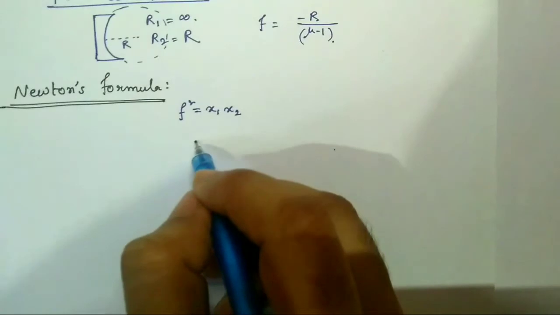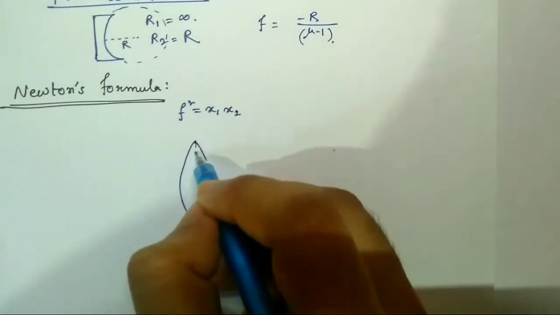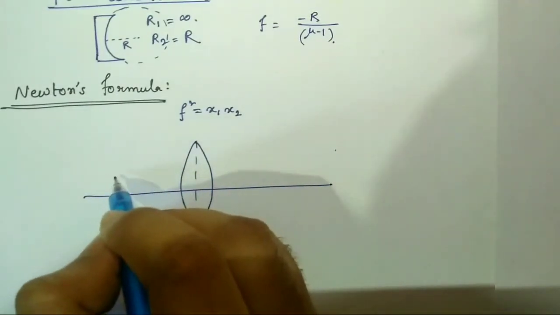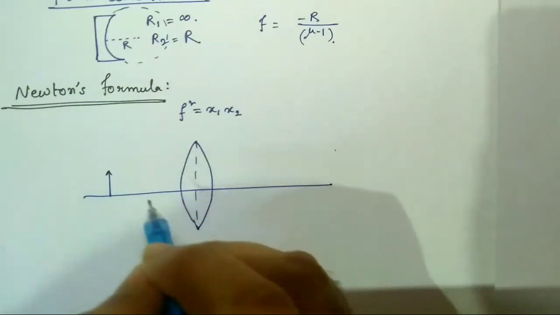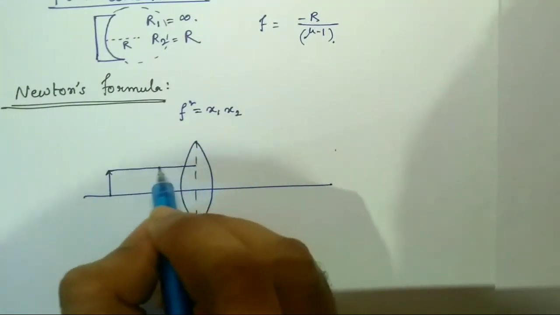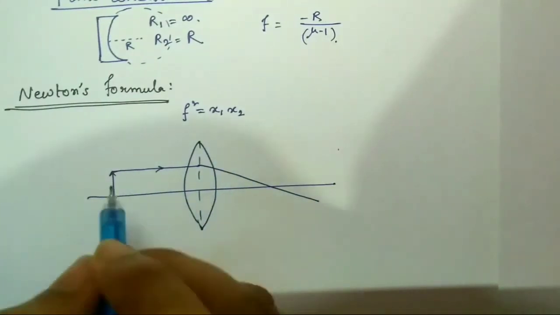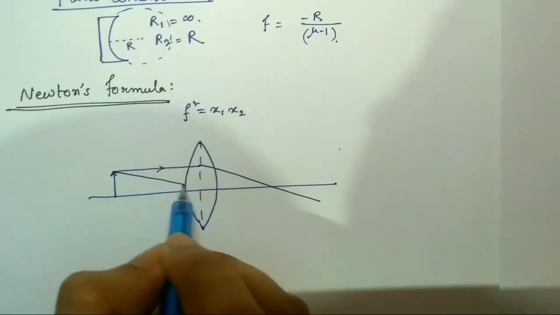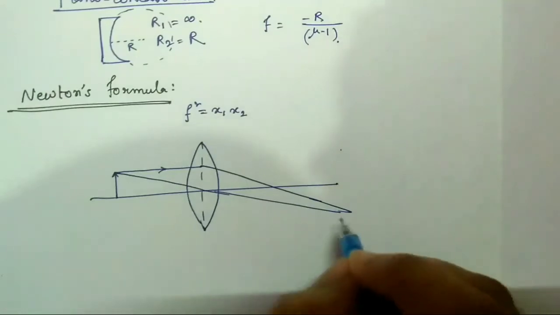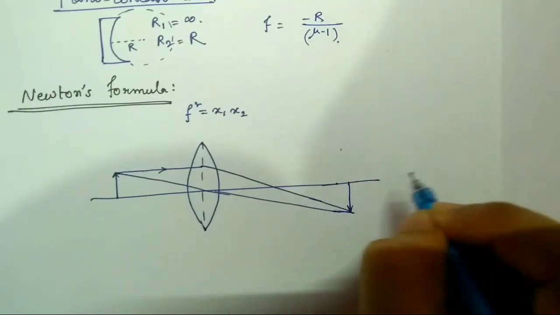Okay, consider a biconvex lens. This is my object. A ray of light follows this path and another ray of light follows this path. They will meet at this point.